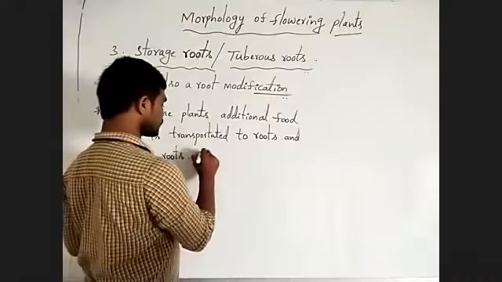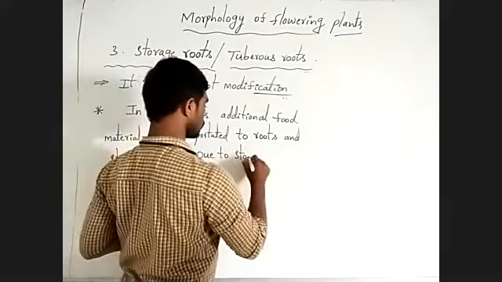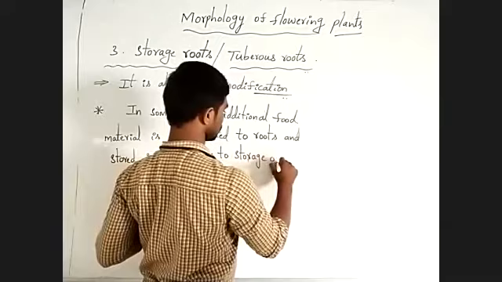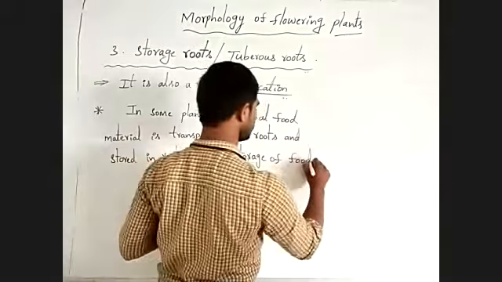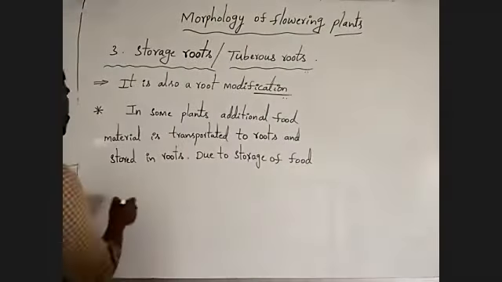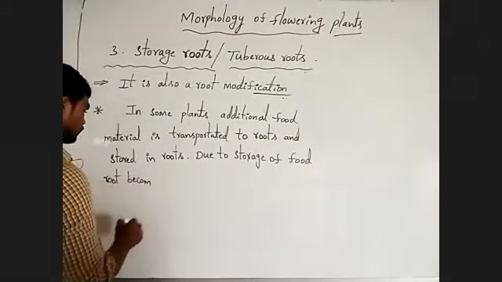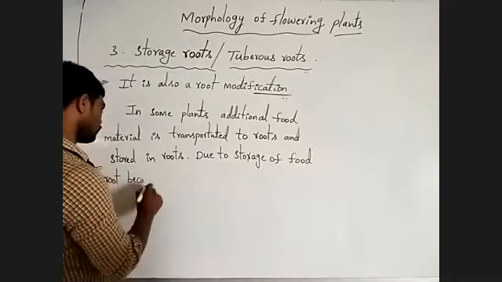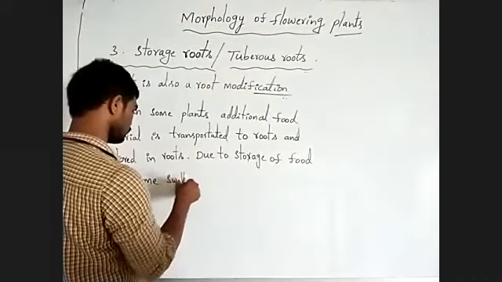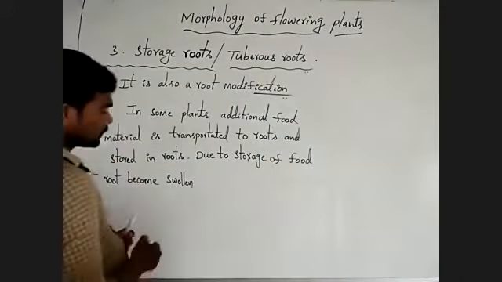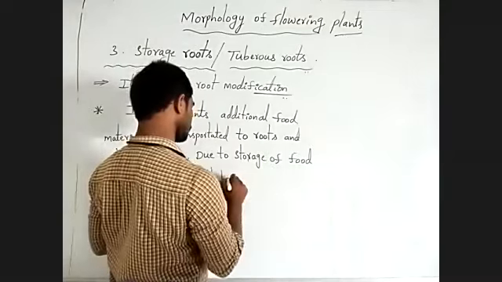Due to the storage of food material, roots become swollen and tuber-like structure.